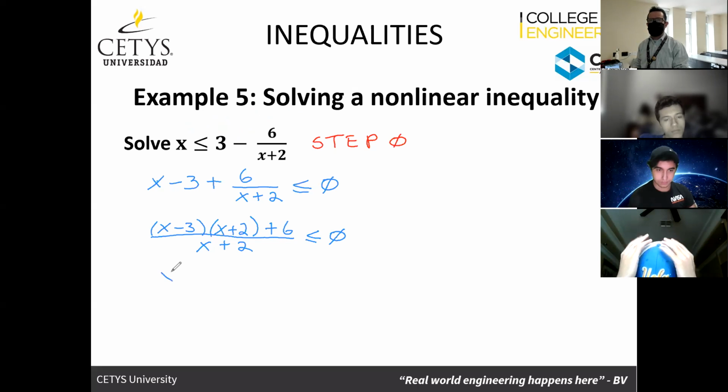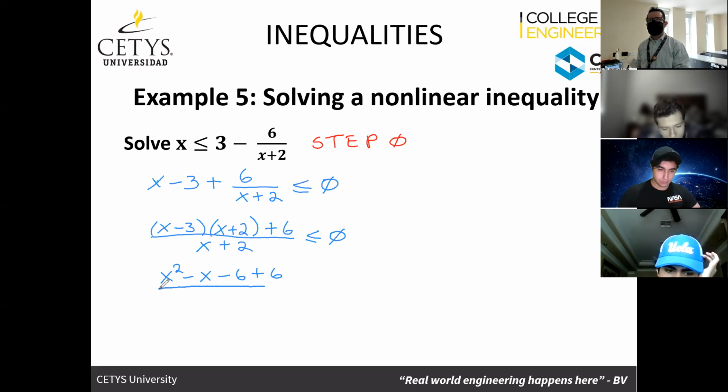What I'm going to do now is multiply these. So this is going to be x squared minus 3x plus 2x is x, minus 3 times 2 is minus 6, plus 6, divided by x plus 2, less than or equal to 0.